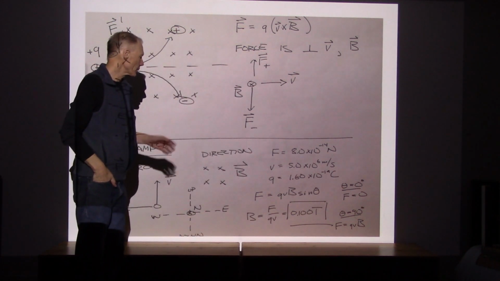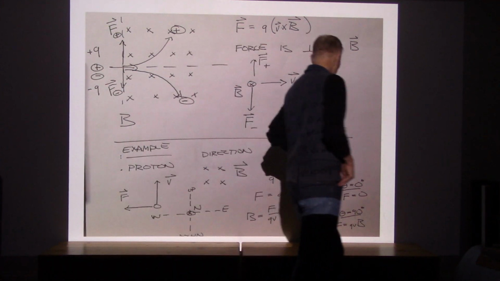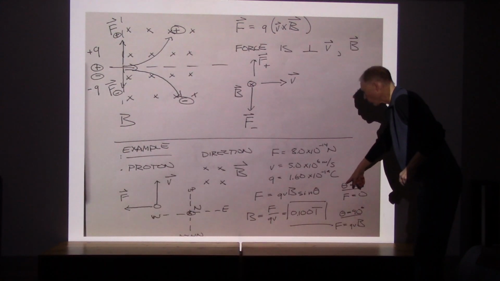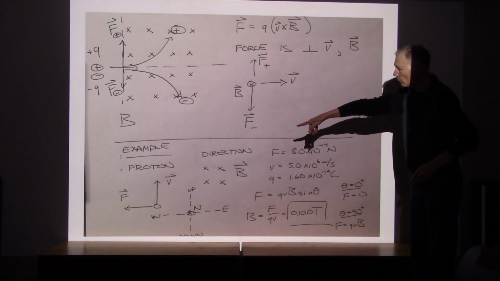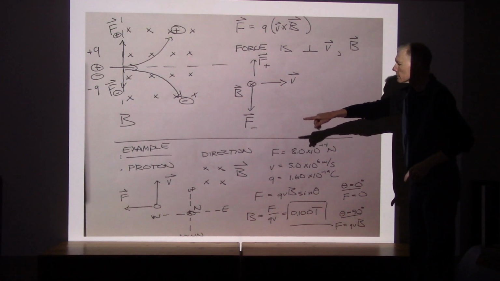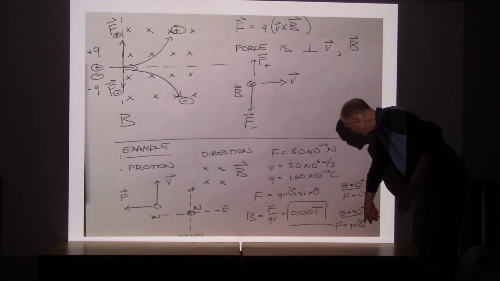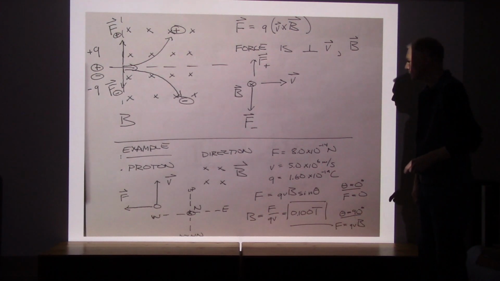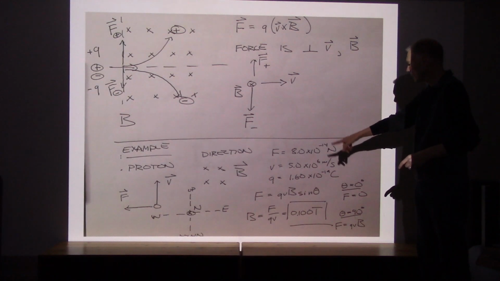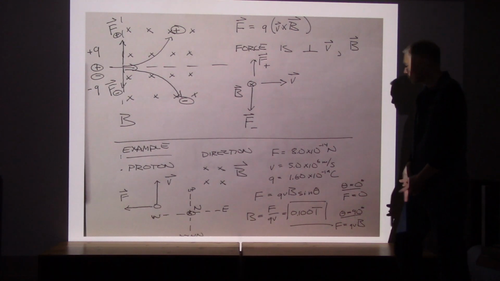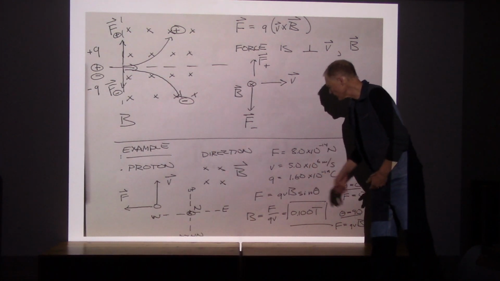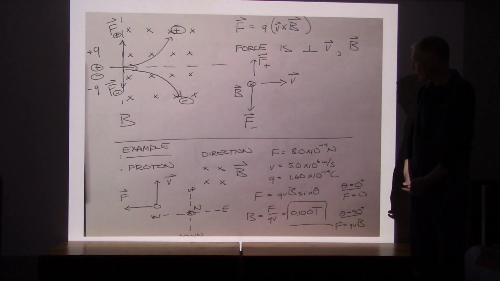The angle here, again, here's an example where the angle between the velocity and the magnetic field, once again, is 90 degrees, and the formula simplifies. So I was able to go back and set up the formula, solve for the magnetic field, and determine that the field was 0.1 Tesla.